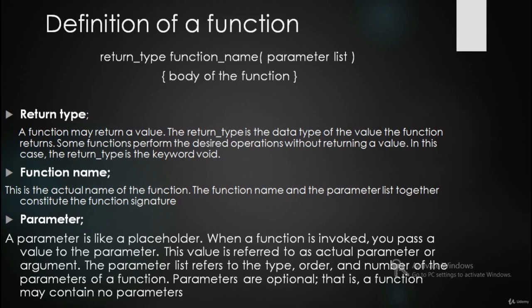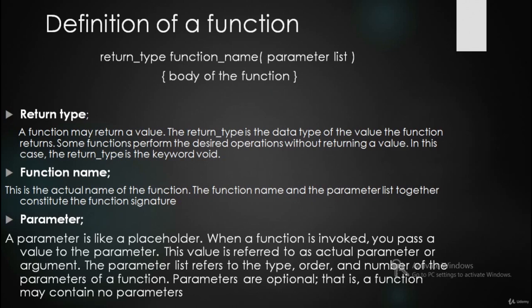Okay, now let's also go to function name. This is the actual name of the function. The function name and the parameter list together constitute the function signature. Parameter: a parameter is like a placeholder or maybe an address of a variable.